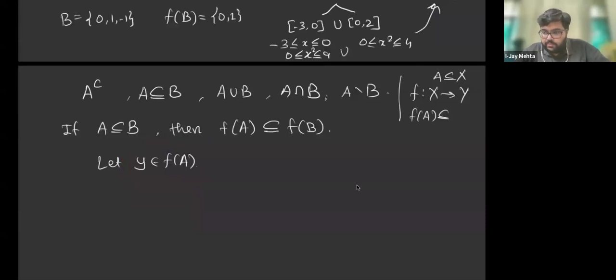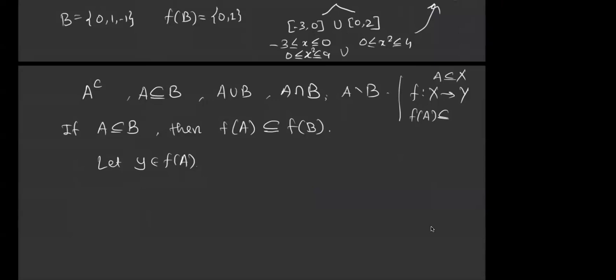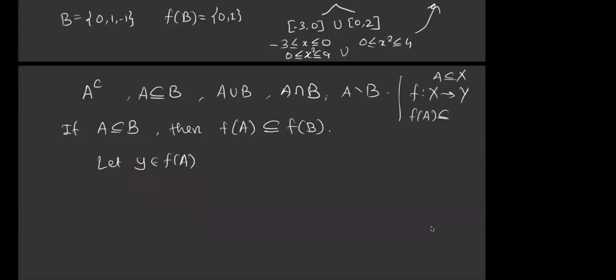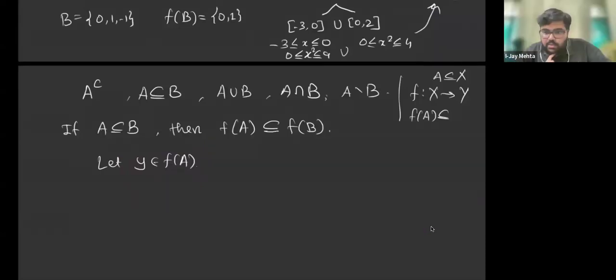Ankita, can you tell? What does this mean? Y belongs to F of A. Okay, an arbitrary element of FA. It's an element, but then Y belongs to F of A, that means what? We discussed just now. Just pay attention.